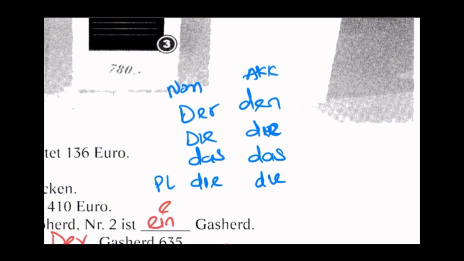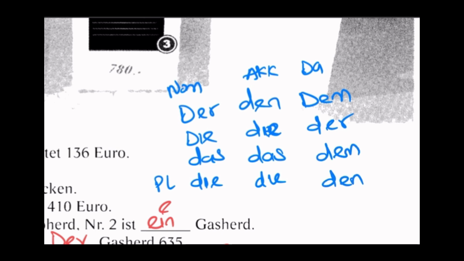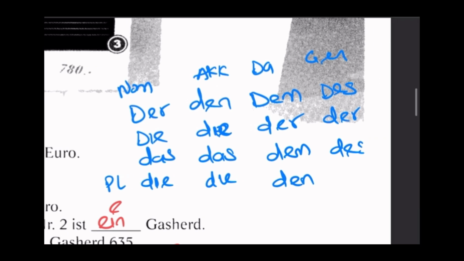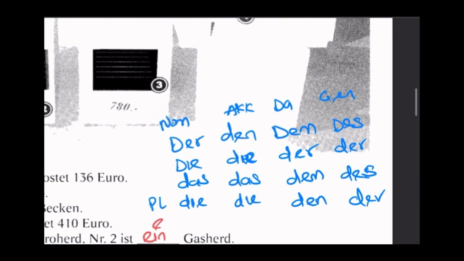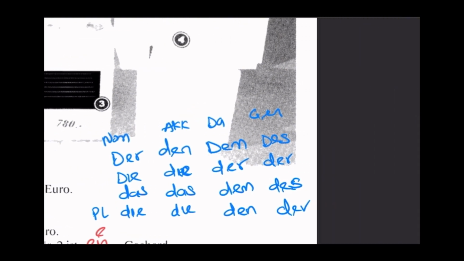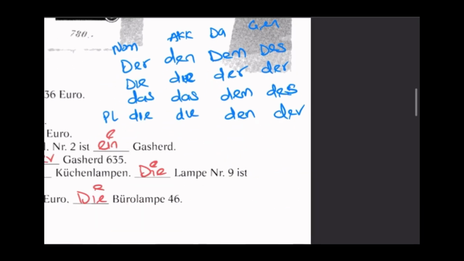In dative, you're gonna have dem, der, dem, den. In genitive, you're gonna have des, der, des, der. Okay, so that's the problem with the articles. The further you go, the more your article changes. Okay, so we're not there yet, so we're gonna leave that.